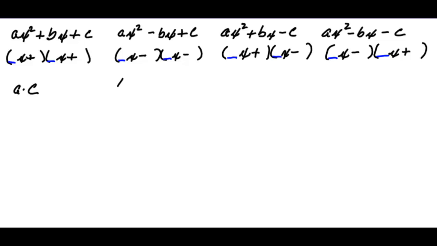That is 14x squared minus 20x plus 6. That's the correct format. And so when we multiply AC, we're multiplying 14 times 6. In this particular case, then, 14 times 6 gives me 84.